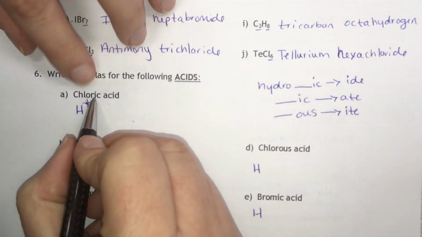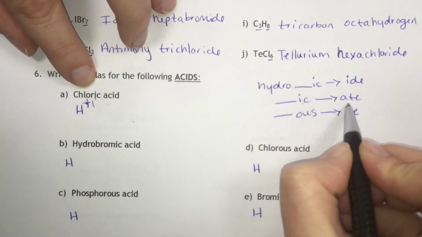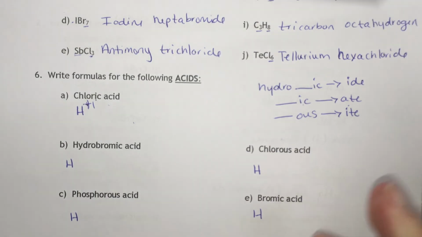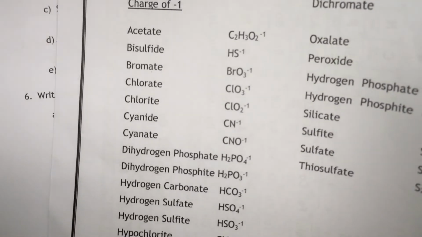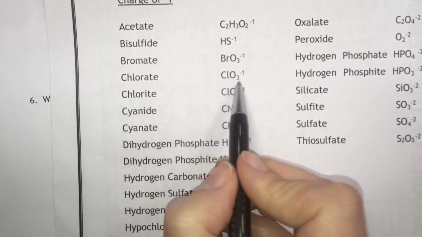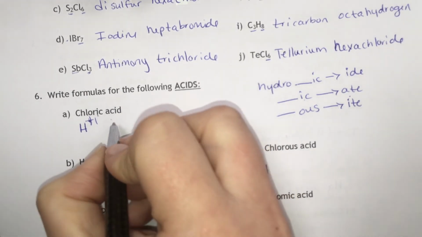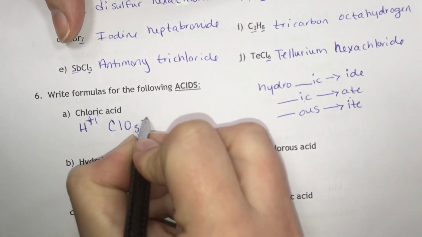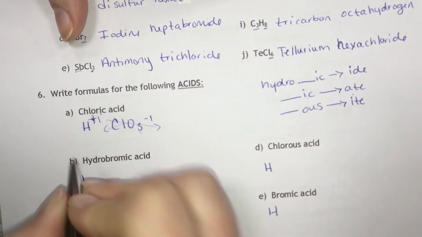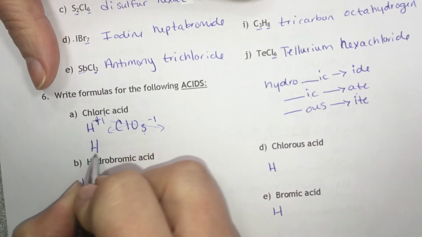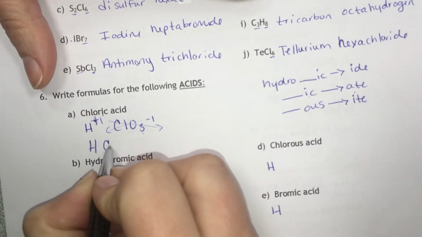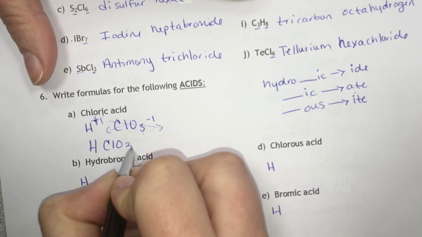So ic, it was chlorate. The original ending was chlorate, ClO3 minus 1, and it'll be H. We don't write the 1, it's just a 1-to-1 ratio, so it'll be like this.